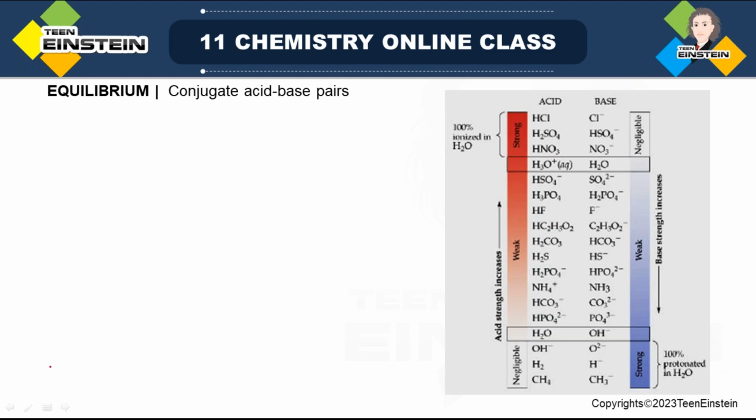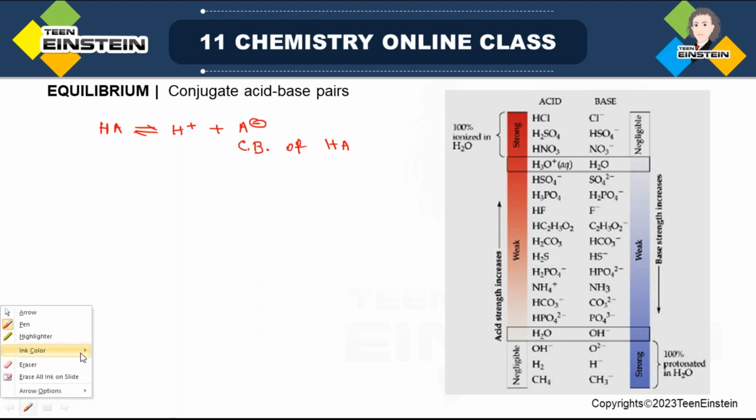Fine. So conjugate acid-base pair, we already have seen, that is the primary idea that we already know. So here, suppose in general, if I write any acid HA, after dissociation, we will get H plus and A minus. So this A minus is basically the conjugate base of HA.